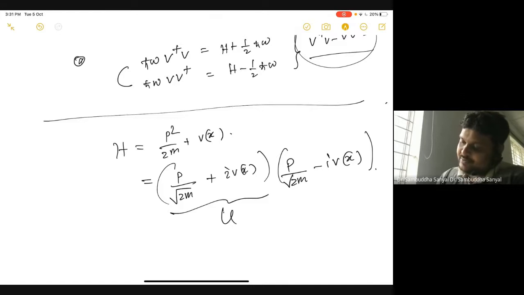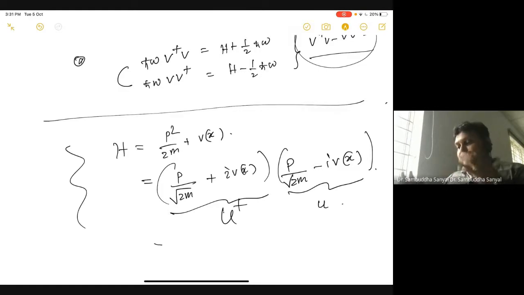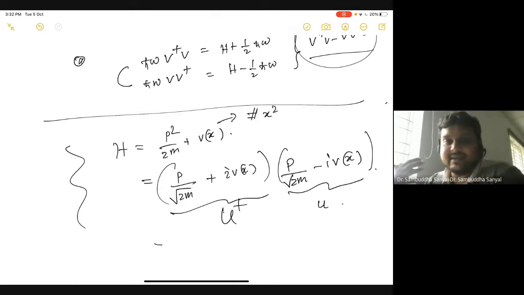Let me call it u, because b is already taken. In principle you can do that, but that doesn't mean it is always easy to carry out this program. It is particularly simple here because the potential is some number times x squared, so it is basically x plus ip, x minus ip, a very simple form, but it is not always easy to execute that program.